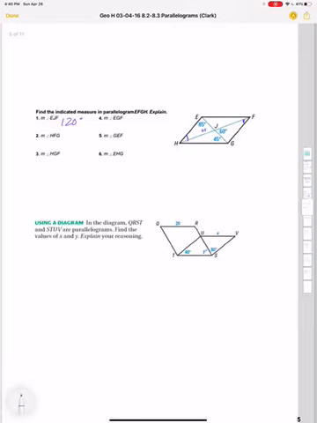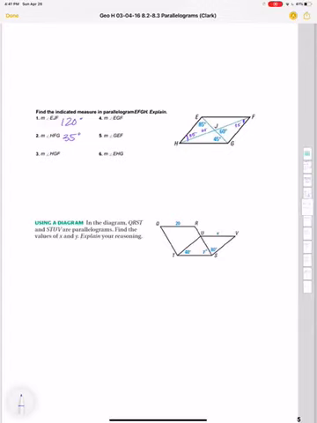Well, we could use our triangle. Every triangle has 180 degrees, right? So 180 minus 85 minus 60 gives us 35. So that has to be 35. So this is 35, which means this is 35.